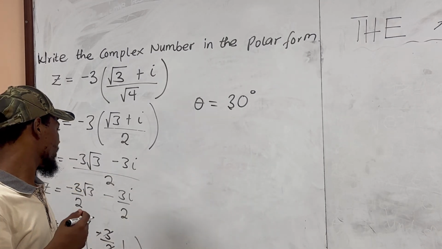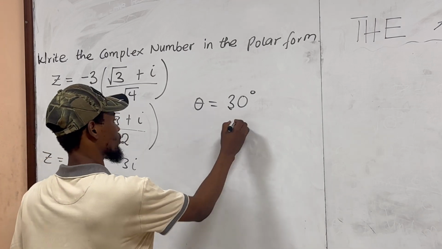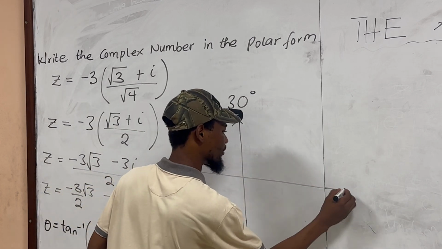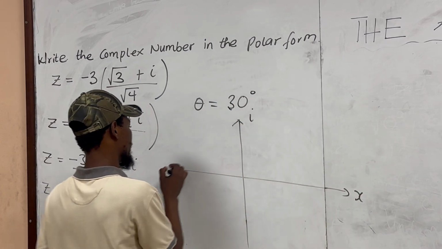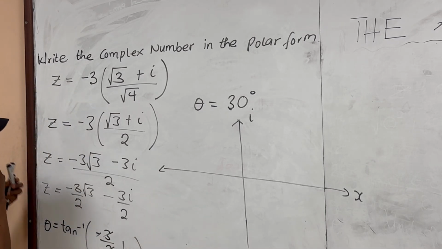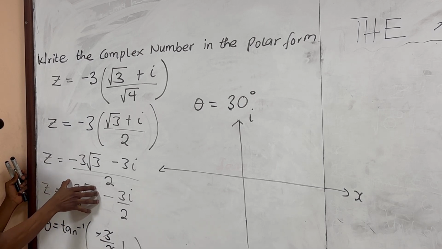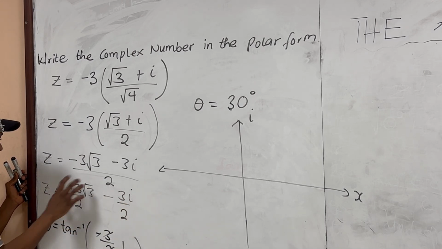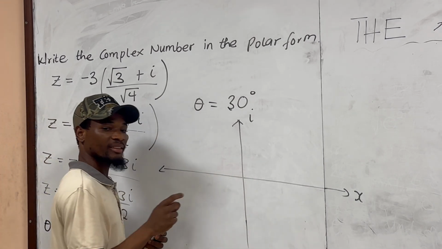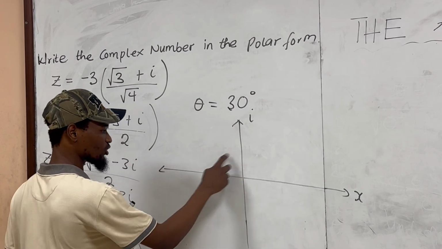Yes or no? Let's find out. I have x here, i here. So this side, I have my real part here and my imaginary part here. Negative, negative, right? So which region has negative x and negative y? Quadrant 3, right? 1, 2, 3.